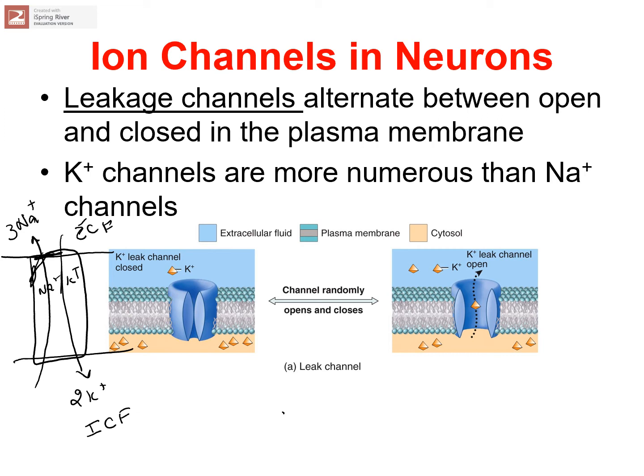Okay, so there are other channels like leaky potassium channels that open up, and these channels randomly open and close, and they can allow potassium ions to move in and out of the cell. Now keep in mind only potassium ions can move because the cell membrane is not permeable to sodium ions, and we don't have enough leaky sodium channels. We have a lot of leaky potassium channels.